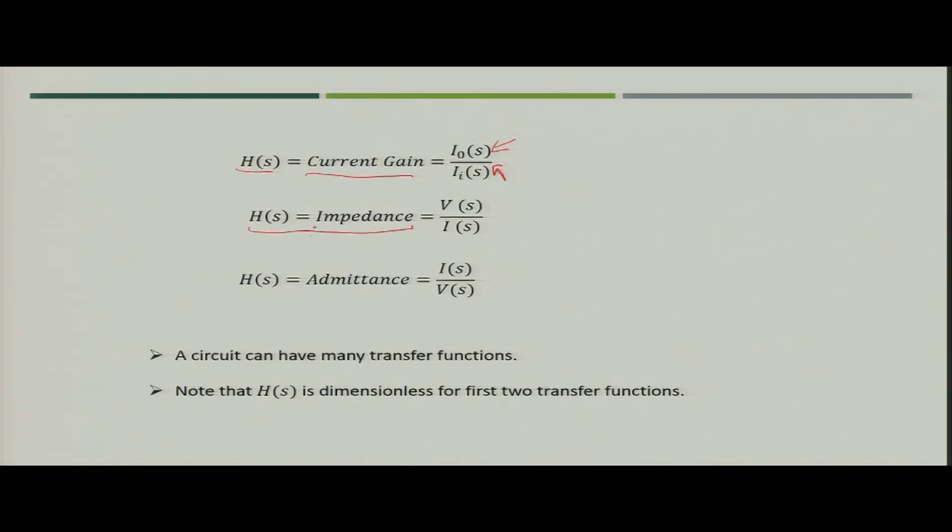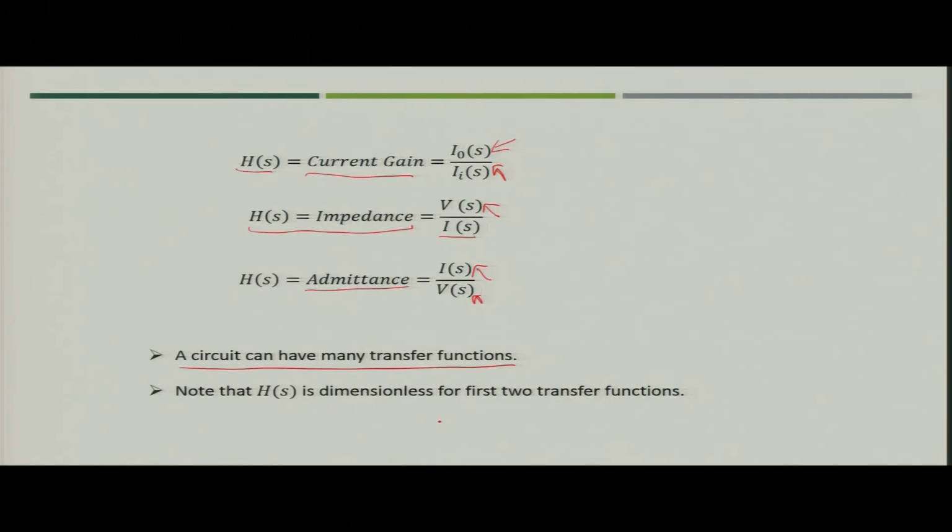Now, the next transfer function can be an impedance, where the output is in the form of voltage while the input is in the form of current. Similarly, it can be admittance also, where the output is in the form of current and the input is in the form of voltage. So, then it will become Is divided by Vs. In that way we can say a particular circuit can have many transfer functions.